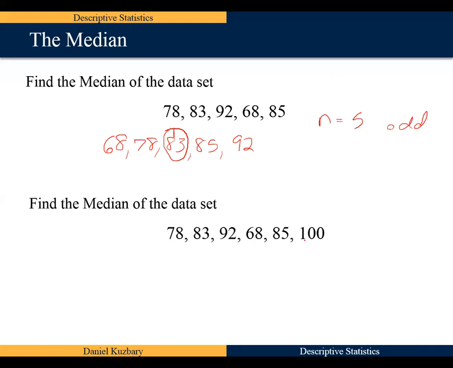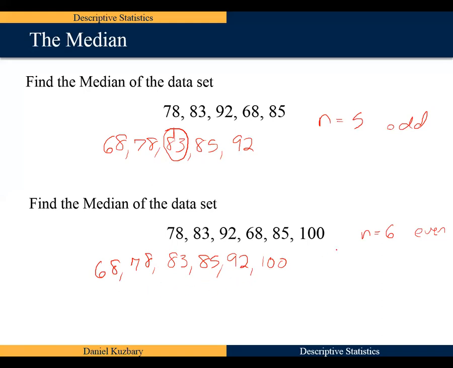Now I added a number here. I just added a 100 grade because, you know, it's nice to get 100 on something. But now this makes the sample size even instead of odd, which means we're going to need to use that other technique to get the median. So let's start again by ordering this data. I don't have to think too hard because I already ordered it the first time, and then I added 100, which is at the very end because it's the biggest number anyway.